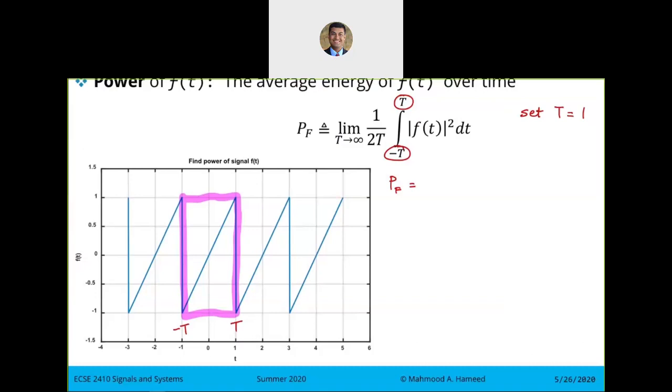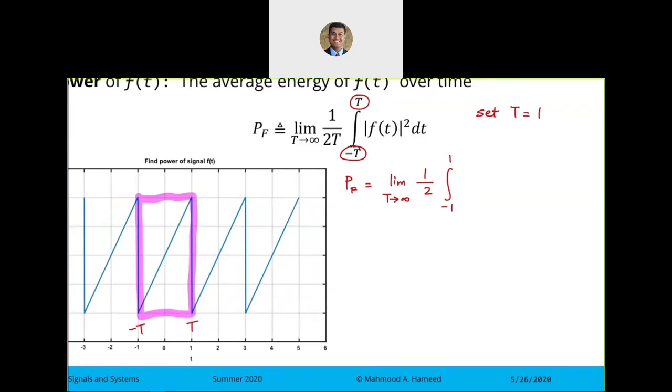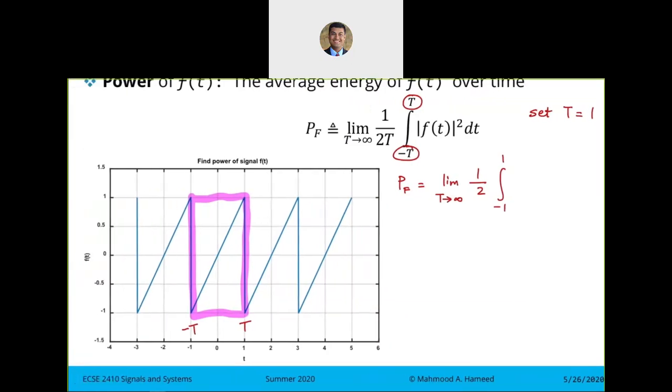So what do you have here? Limit T tends to infinity, 1 over 2 times the integration from negative 1 to 1 of the magnitude of f of t squared. The good news is, again, it's a real signal, so I don't have to worry about the magnitude sign. And the function f of t, what is it?